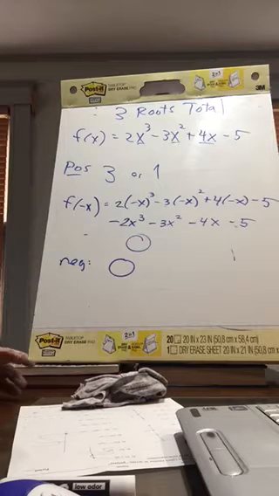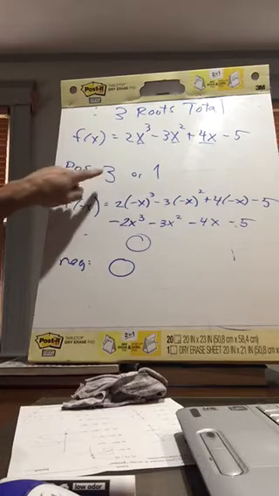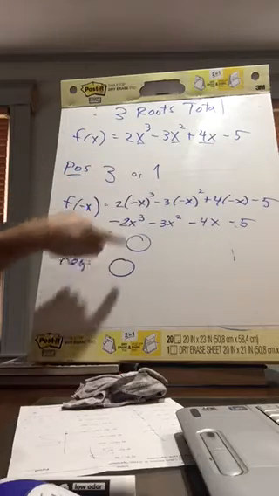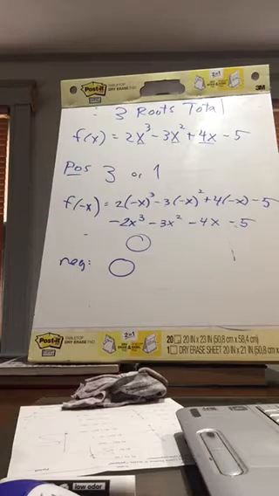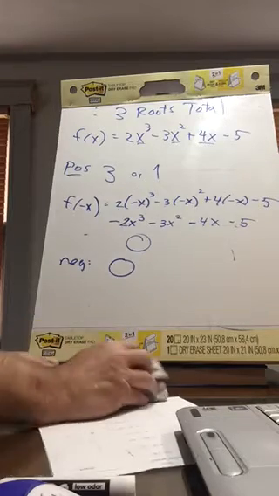So now what we do is we make combinations, sort of like ordered pairs. We give 3 positive and no negative, 1 positive, no negative, and then the imaginaries will fill in the rest. So let me make a little chart, a little table.